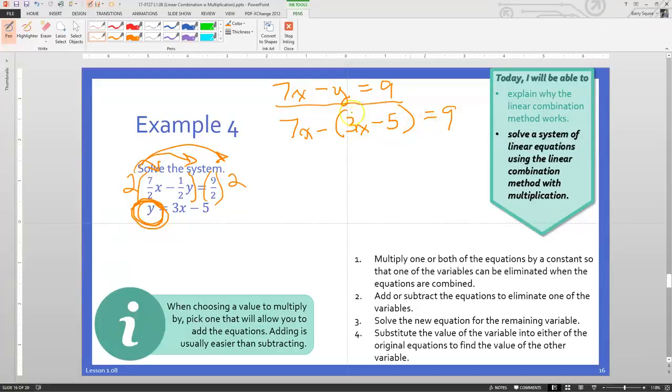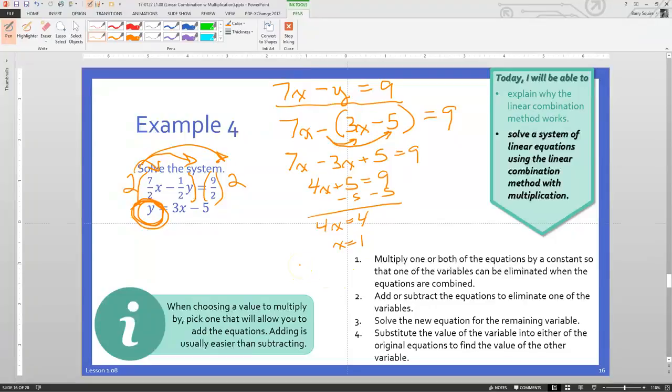So now I just have to distribute this negative sign, or think of it as a -1, and I get 7x minus 3x plus 5 equals 9. Combine some like terms here and subtract 5. So I get 4x equals 4, and I get x equals 1.